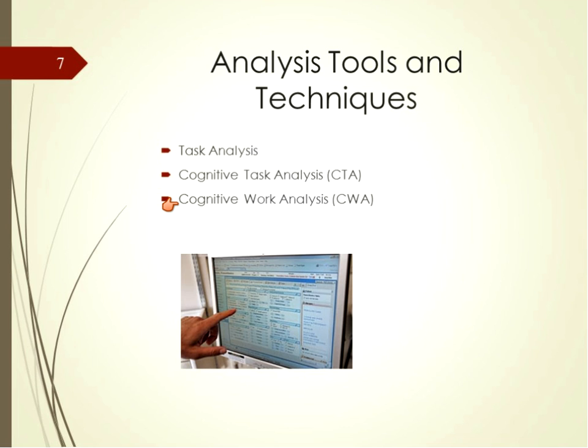A complete cognitive work analysis includes 5 types of analysis: work domain, control tasks, strategies, social organizational, and workers' competencies. The work domain analysis describes the functions of the system and identifies the information that users need to accomplish their task goals.